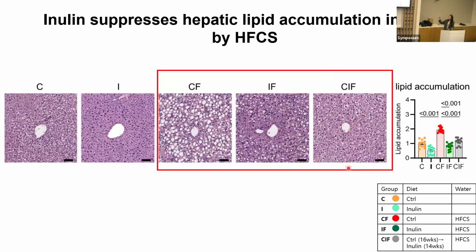This is the most striking phenotype induced by those dietary interventions. You can see that those three groups consumed high fructose syrup water, but only the control diet has more fat accumulation in the liver. With the inulin diet or delayed inulin diet, there is much less fat accumulation.